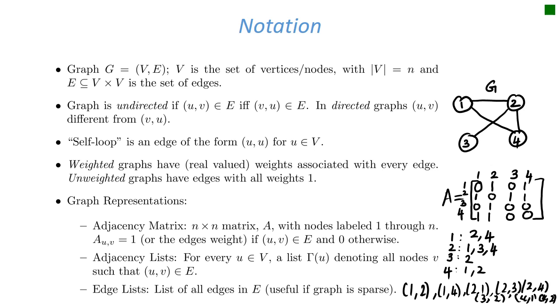Now if the graph is undirected, I don't need to list both (2,4) and (4,2), for example. Edge lists are useful if the graph is very sparse. By sparse, I mean that the number of edges in the graph is very, very tiny. This is typically useful if the number of nodes in the graph could be, say, 1,000,000 or 1,000,000,000, but every node has very few connections. In that case, edge lists are useful.